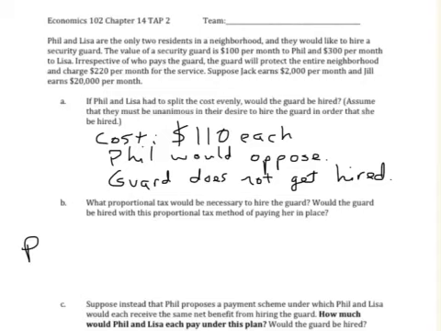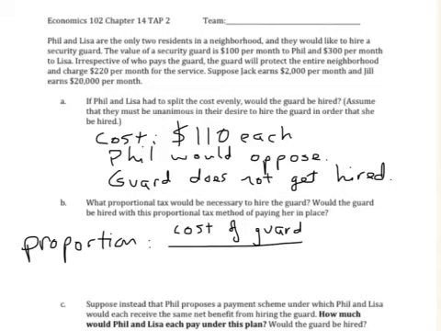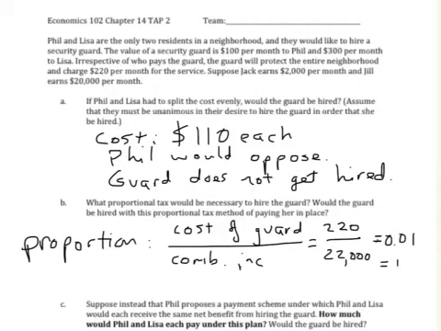But anyway, the way you figure out the proportional tax, you would take the cost of the guard and divide that through by combined income. So you get 220 divided by 22,000, and that works out to be 0.01, which is 1%.